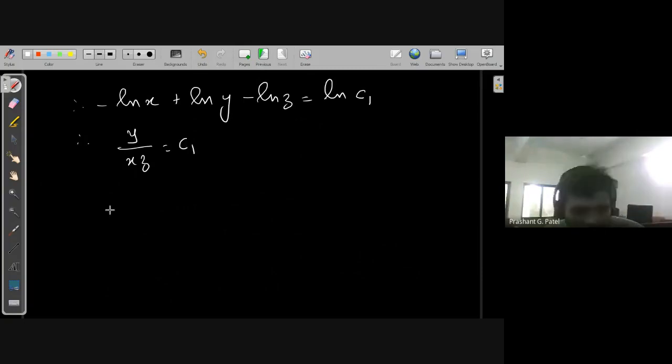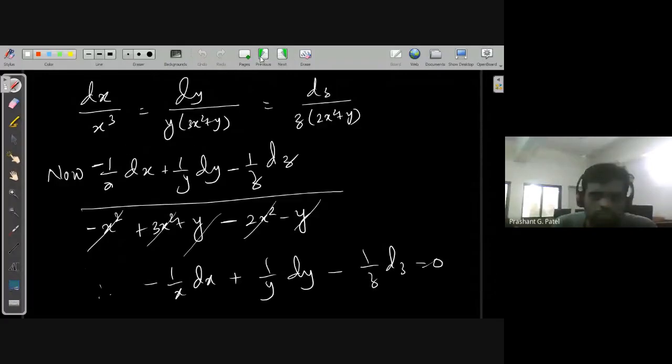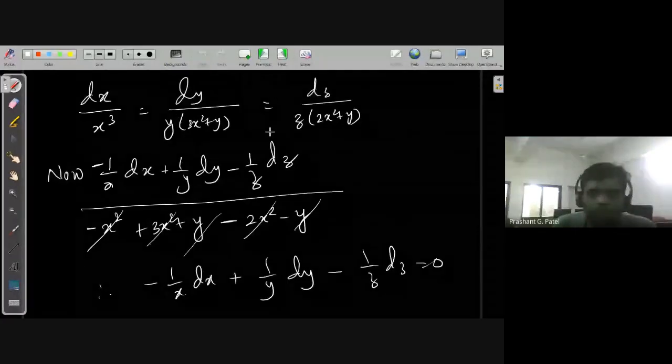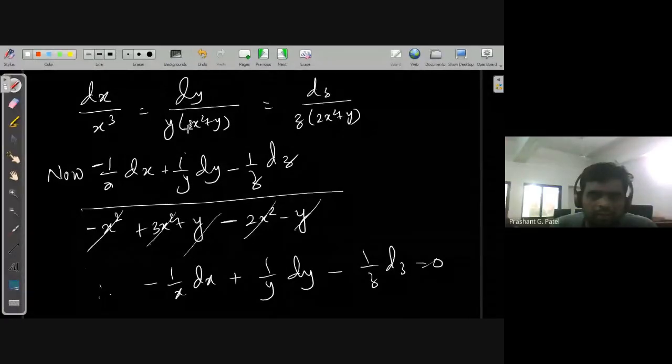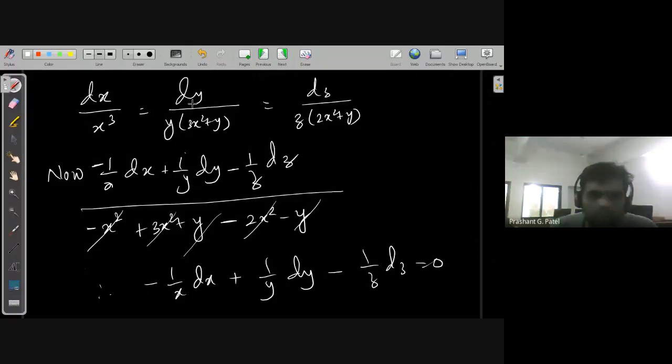Now for the other one, we can observe this too, that is dx upon this, dy upon this, that will lead to 3x square plus y, dx by x cube, dy by dx.